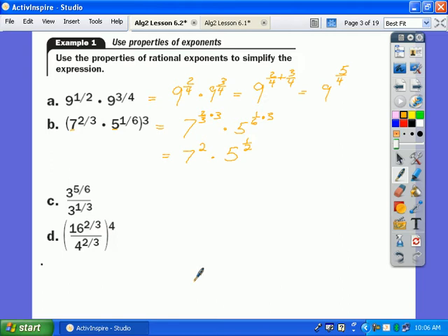Okay. Are there any questions there? If you wanted to write this as 7 squared as 49, you could. Doesn't matter. I trust you know that.